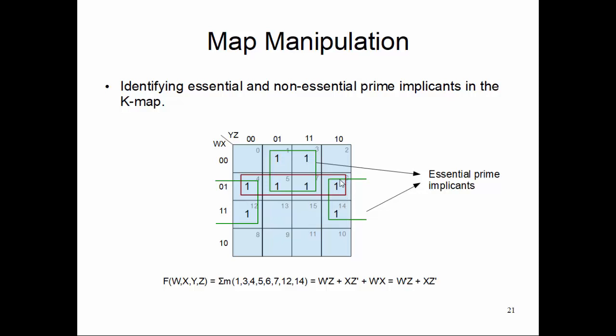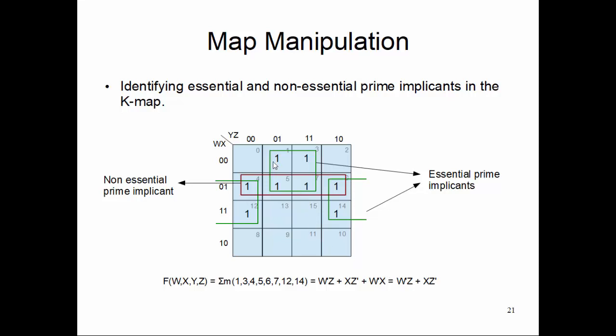And also, in the group 4, 12, 6, 14, the members 12 and 14 are not covered by any other group. But if you look at the group 4, 5, 7, 6, all of its members are already covered by other groups. Like 4 is covered by this group, and 5, 7 is covered by this group, and so on and so forth. So that's a non-essential prime implicant.